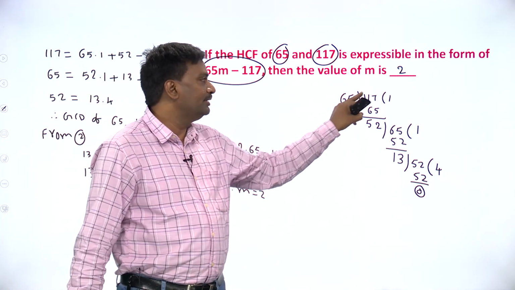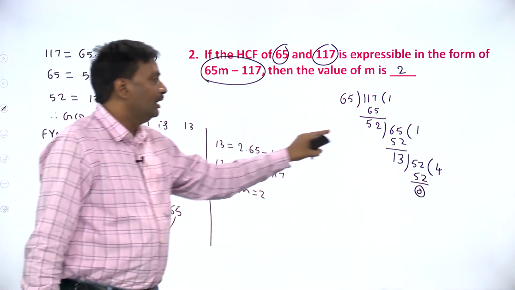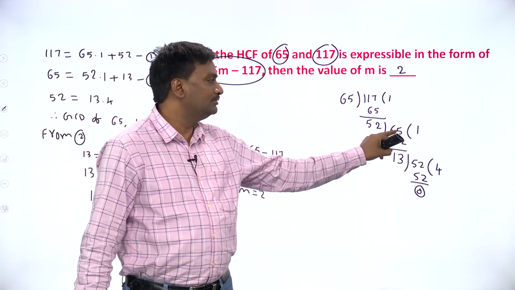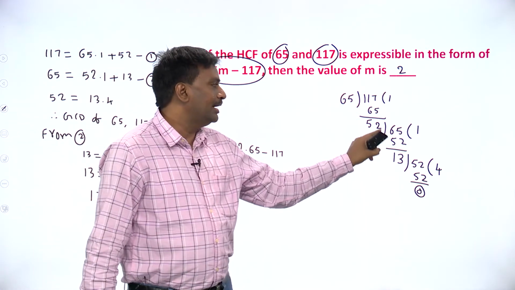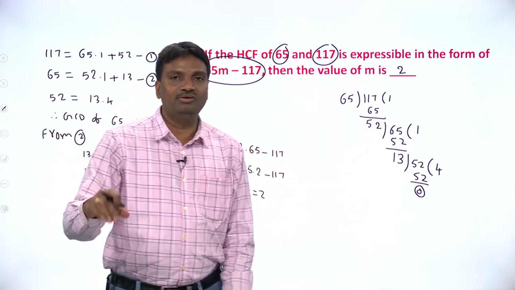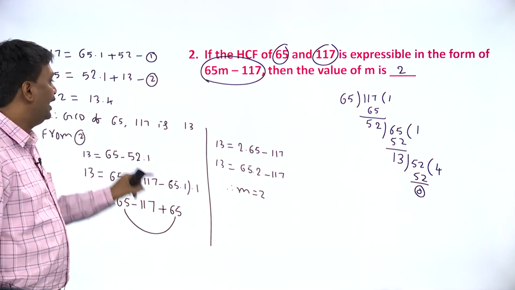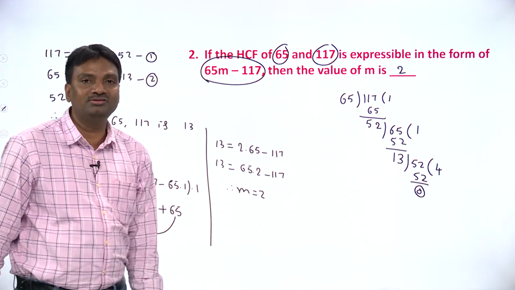So, 117 can be written as 65 into 1 plus 52. Again by dividing 65 by 52, we can write 65 as 52 into 1 plus 13. Again by dividing 52 by 13, we can express 52 as 13 into 4. Clearly we can say 13 is the HCF of 65 and 117.